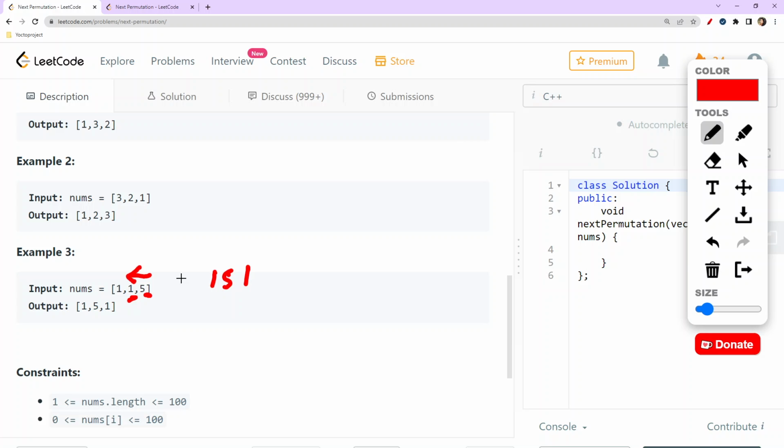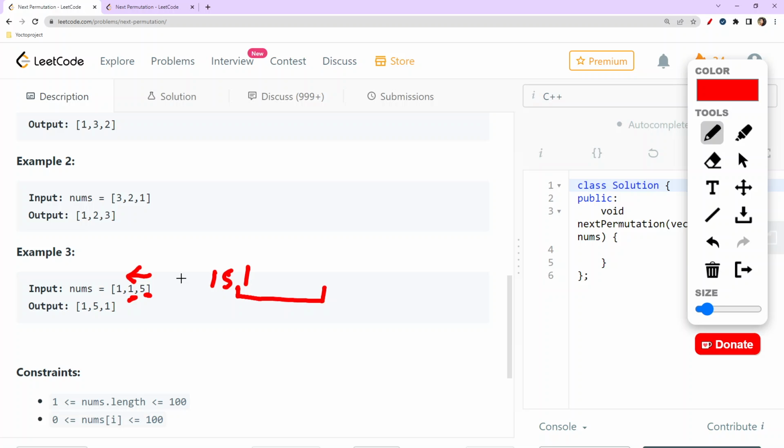But then again, for all the numbers which are after that position, we are required to simply reverse them. Why we reverse them is so that we take them all in ascending order.